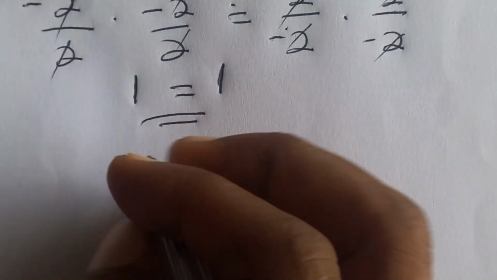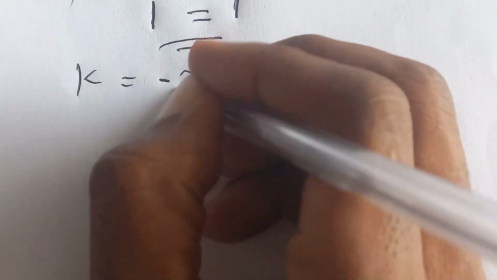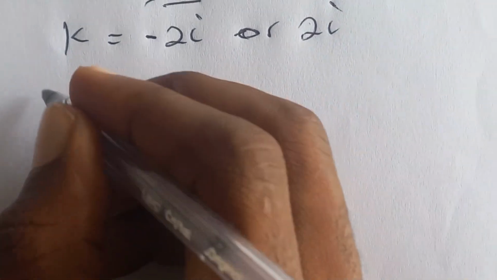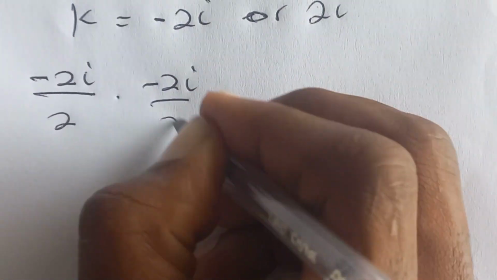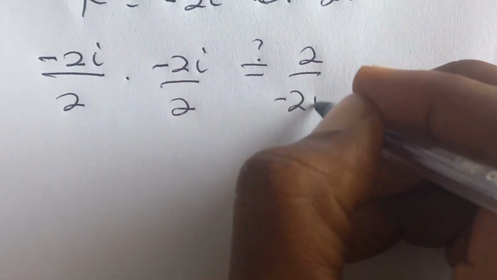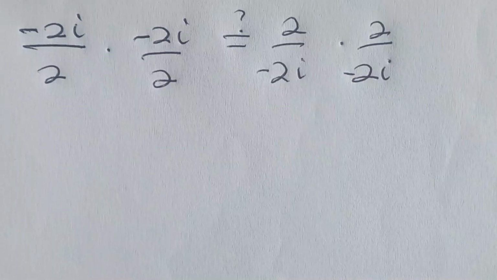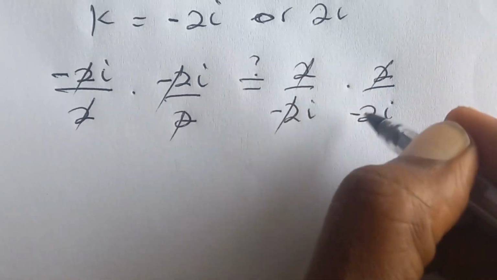Now let's verify for k is equal to minus 2i or 2i. Now we have minus 2i over 2 multiplied by minus 2i over 2 is equal to 2 over minus 2i multiplied by 2 over minus 2i. So 2 over 2, so that's 1.